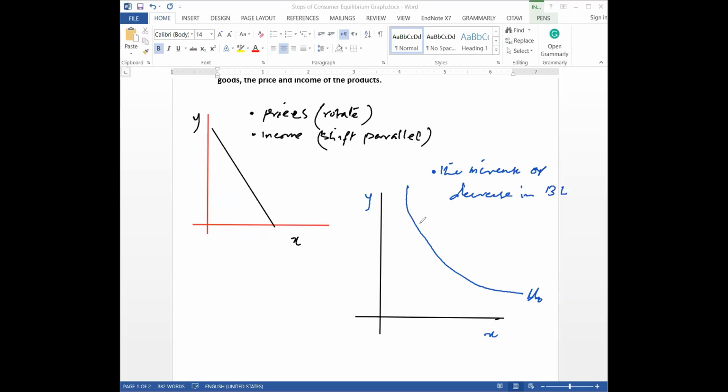Their nature depends upon the likeness of x and y. If both products are liked by the customer, they both are normal goods. Otherwise, one of them will be inferior. Secondly, it depends upon the substitutability.